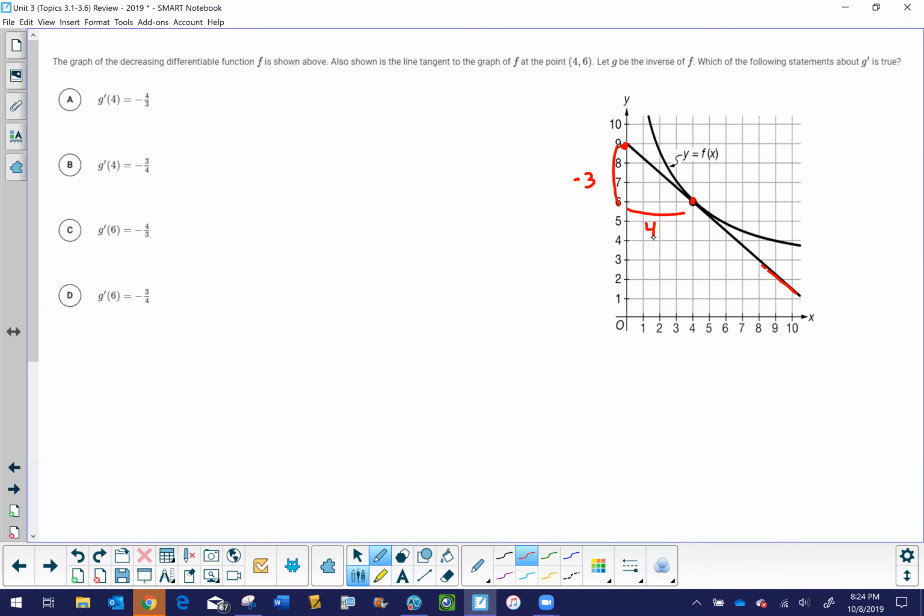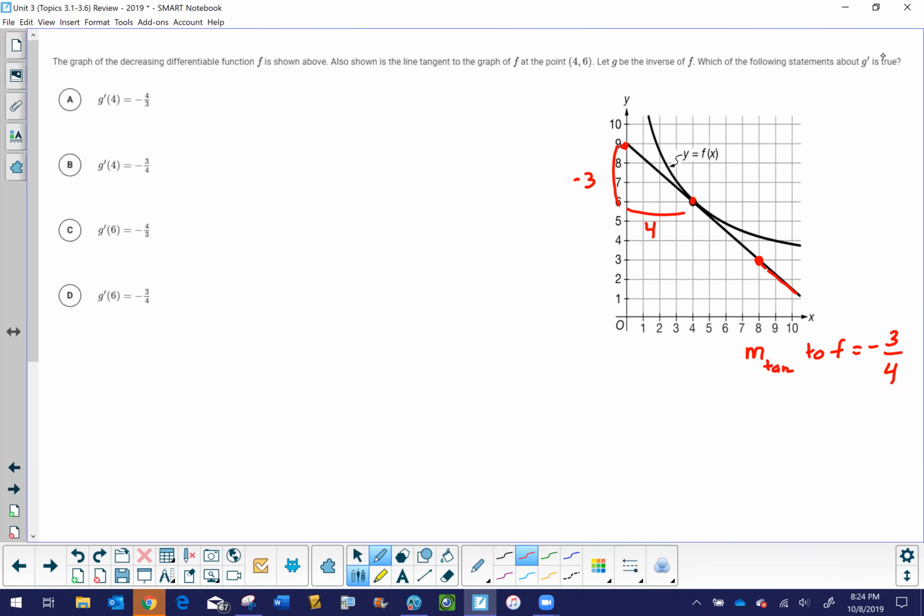If you're wondering whether the point (0, 9) is really on the graph, try going down 3 again and over 1, 2, 3, 4. Does it look like you have another nice point? I'd say you do. So the slope of this tangent line, the tangent line to f, is -3/4. Nobody's going to refute that, right?